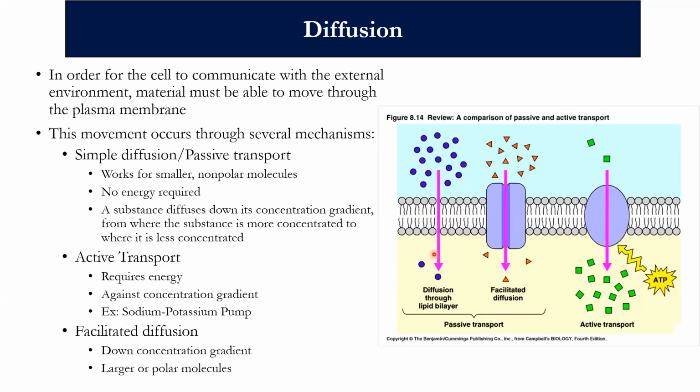Another way molecules could go from the extracellular environment, out here, to inside the cell would be through active transport, which is represented over here. This usually requires some kind of transporter or receptor that's embedded in the plasma membrane. This is going to require energy, and energy here is represented as ATP.